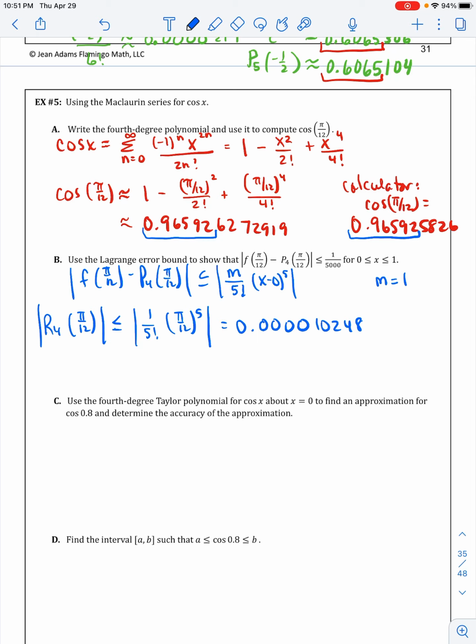And so put that in your calculator, and that actually equals 0.123410248. And so now you're saying, okay, is this less than or equal to 1 over 5,000? And so if I put this in my calculator, 1 over 5,000 gives me 0.0002.